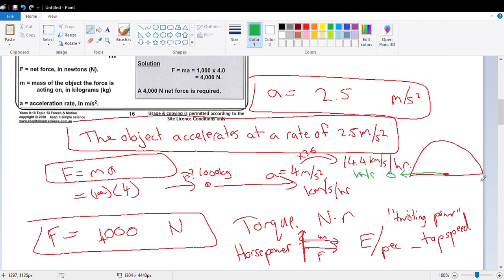The speed's going to start to increase. So if I looked back in 1 second, the speed would then be 14.4 kilometers an hour. And then if I look back in another second, it'd then be about 28, 29 kilometers per hour. If I look back a second later, it's going to be over here. And it would keep doing that as the car accelerates through.